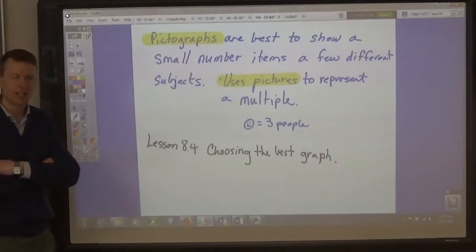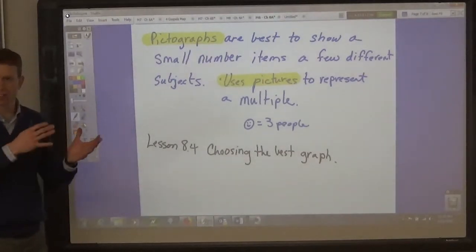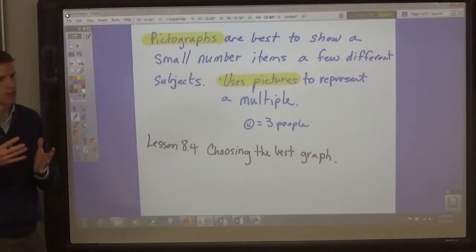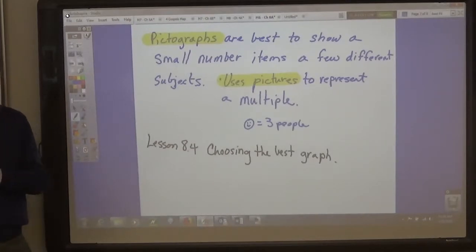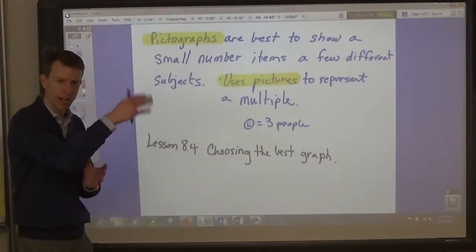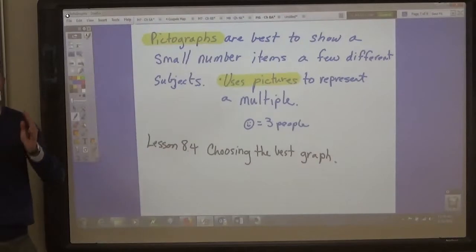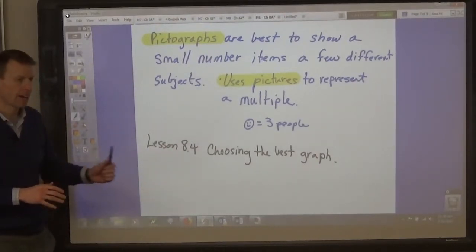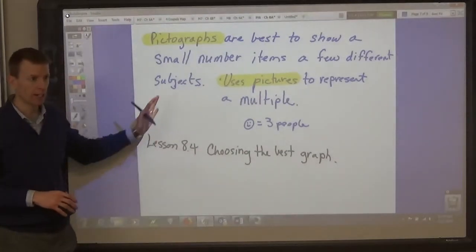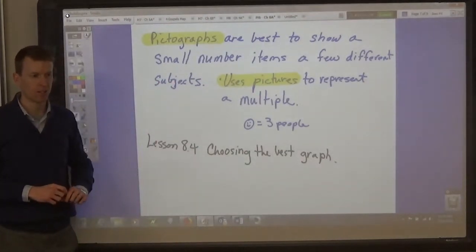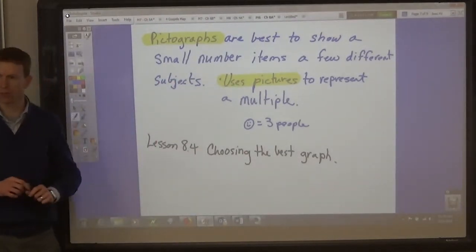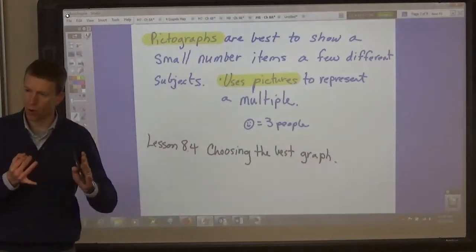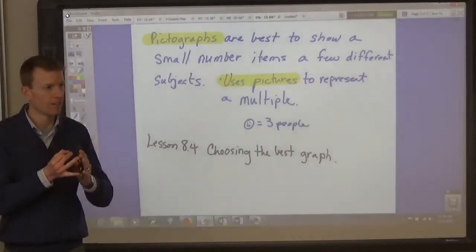something else. Exactly. If you wanted to show trends over time, then you should use the line graph, because that's the best for showing what happens over time. But if you want to compare two different categories, or you want to compare categories and show trends over time, then you should use either the bar graph or what?